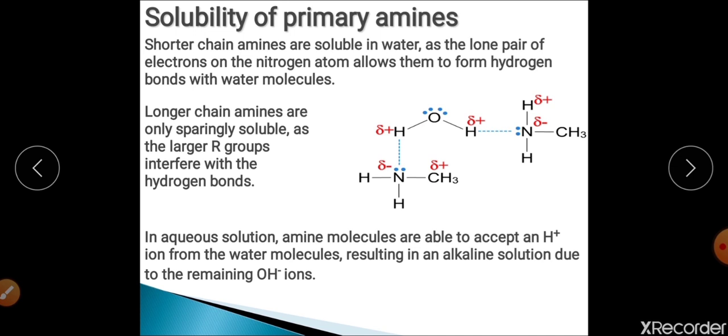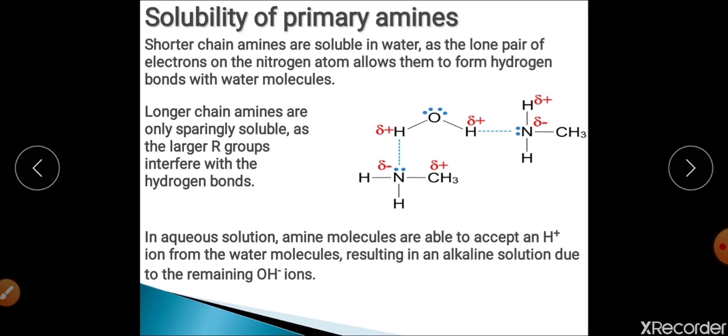When we are particularly concerned about solubility, generally the lower members of the aliphatic amines are water soluble, and the reason for their water solubility is, no doubt, hydrogen bonding, because they contain a nitrogen-hydrogen bond, and that bond is particularly polar in nature.